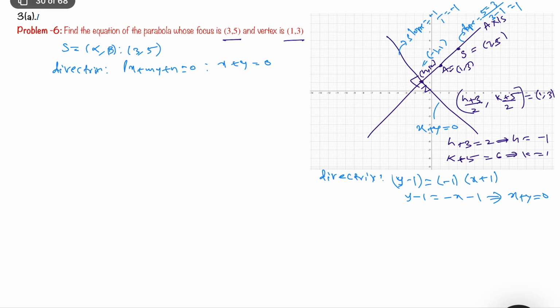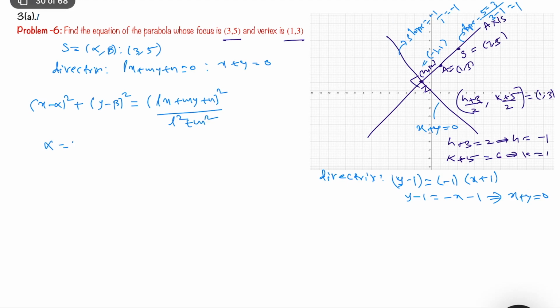And we know the general equation of the parabola in terms of the focus (alpha, beta) and directrix Lx plus my plus n equal to 0 is the following: (x minus alpha) whole square plus (y minus beta) whole square equals (Lx plus my plus n) whole square by (L square plus m square).